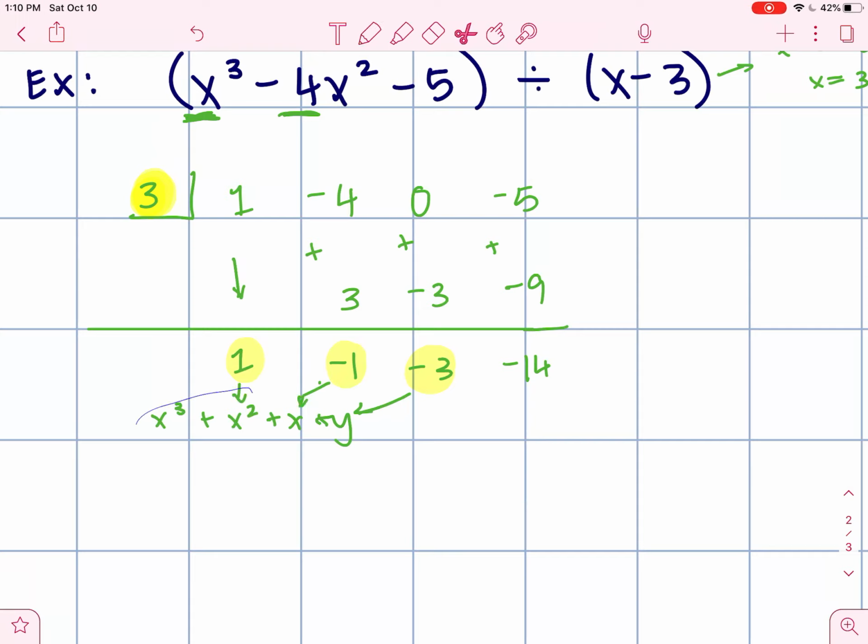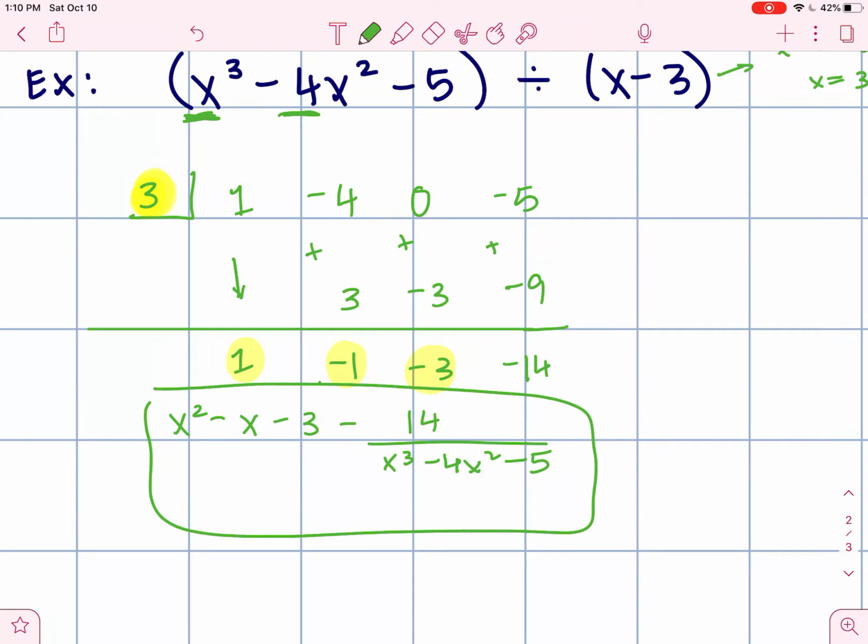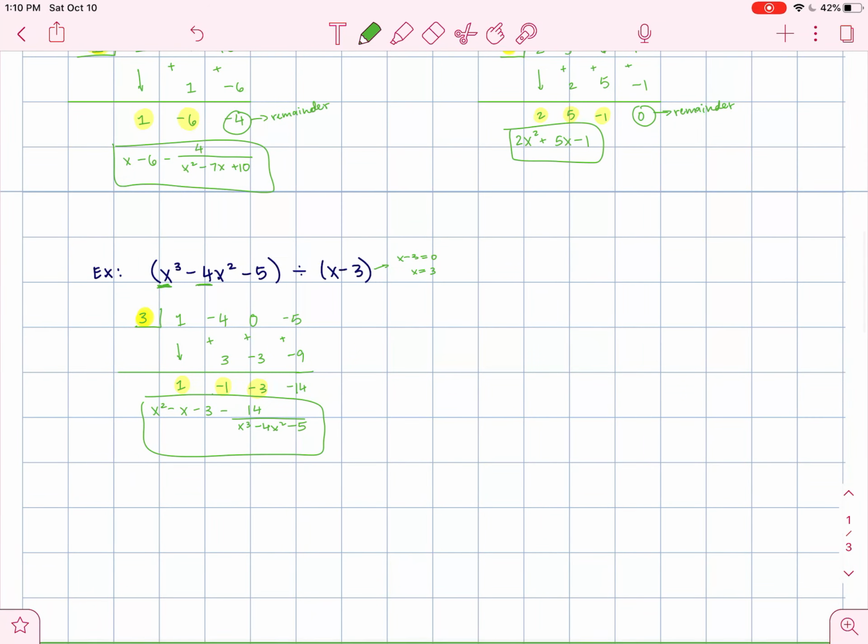So if we take that and we find our answer, we get that x squared coefficient is 1, minus x coefficient is -1, minus 3 minus 14 over our x cubed minus 4x squared minus 5. And this is going to be your final answer using synthetic division for this problem.